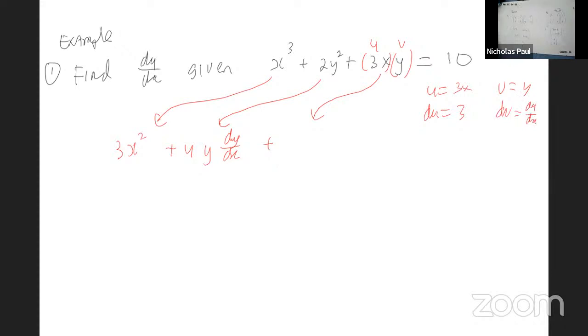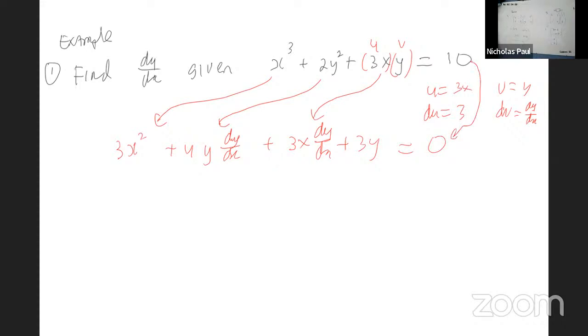So we're going to use the product rule here: u times dv/dx, 3x dy/dx, plus v times du/dx, that's 3y, is equal to 0. The differential of 10 is 0.